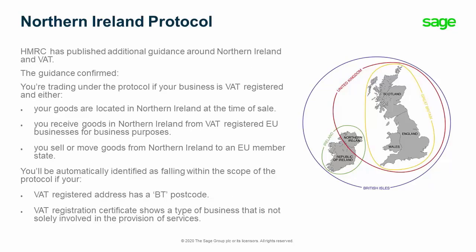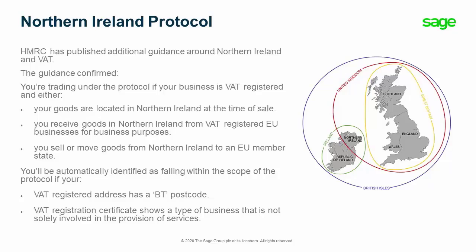In fact, HMRC has recently published additional guidance around Northern Ireland and VAT. And the guidance confirmed that you're trading under the protocol if your business is VAT registered, and either your goods are located in Northern Ireland at the time of sale, you receive goods in Northern Ireland from VAT registered EU businesses for business purposes, or you sell or move goods from Northern Ireland to an EU member state.